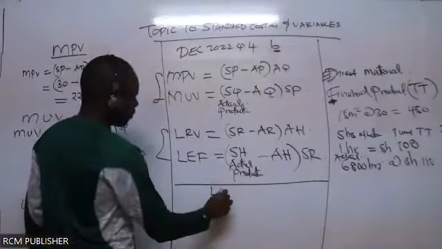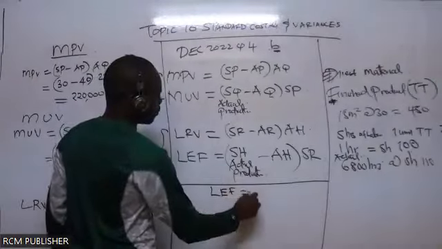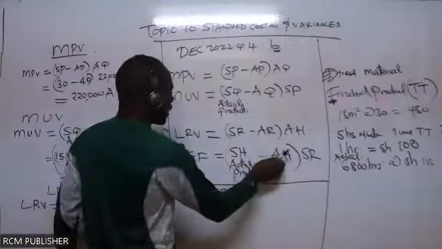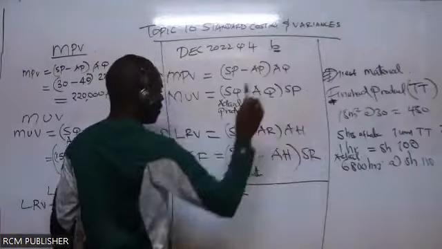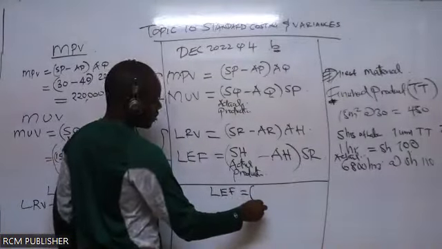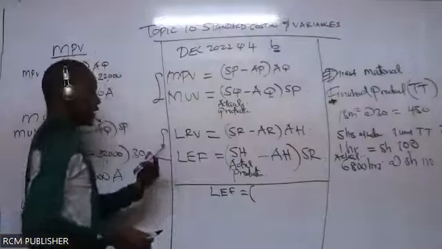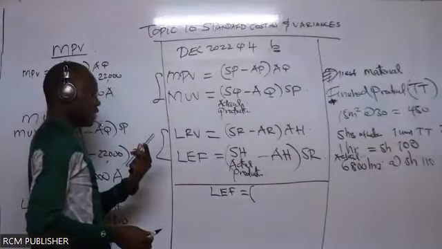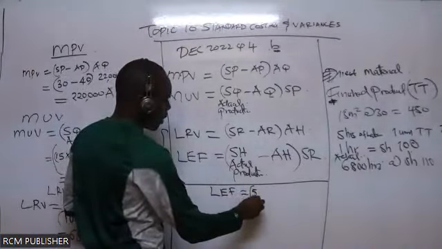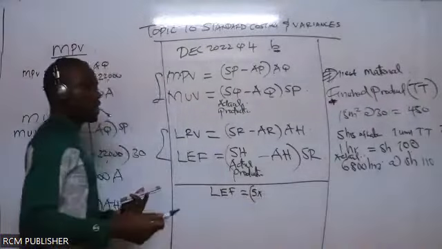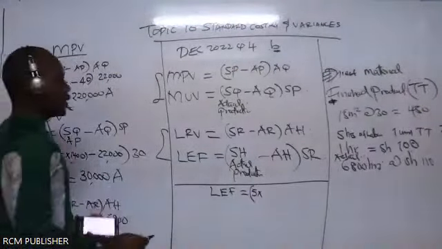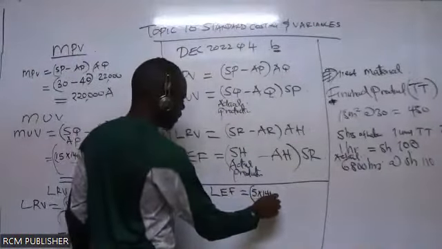So labor efficiency variance is equal to standard hours of actual production minus actual hours, multiplied by the standard rate. The standard hours given there is 5 hours per unit of output. The actual production of the finished product, we are told, is 1,400 units.